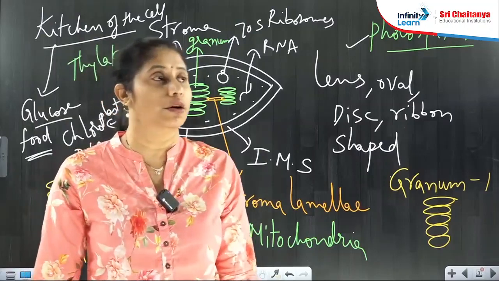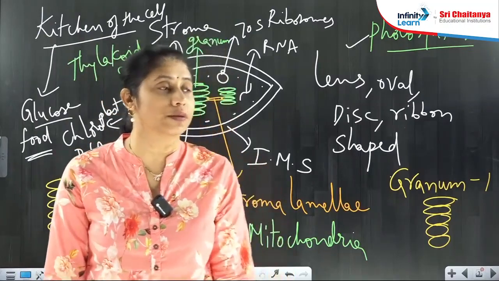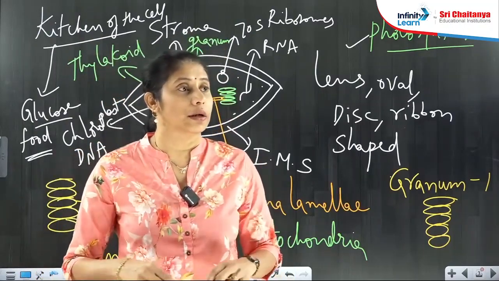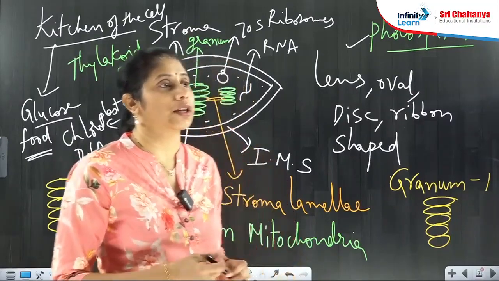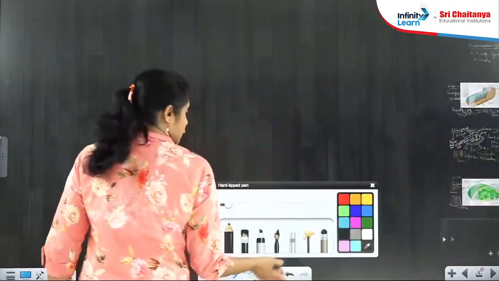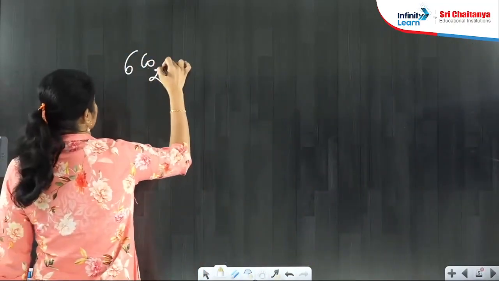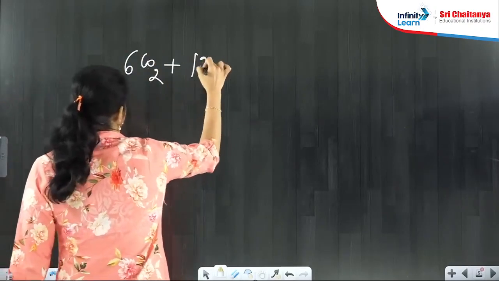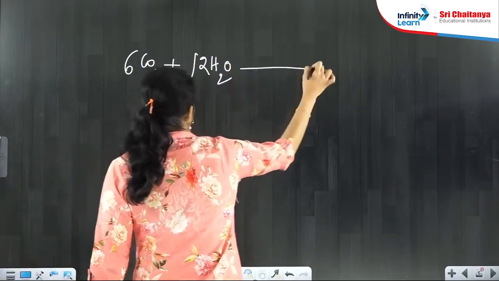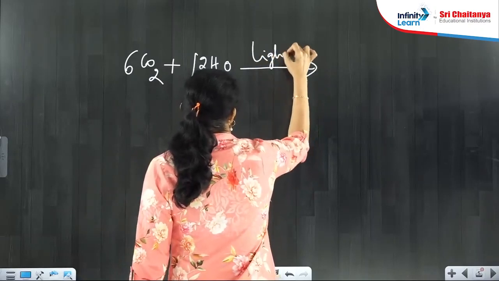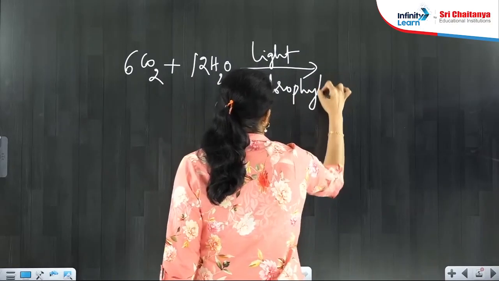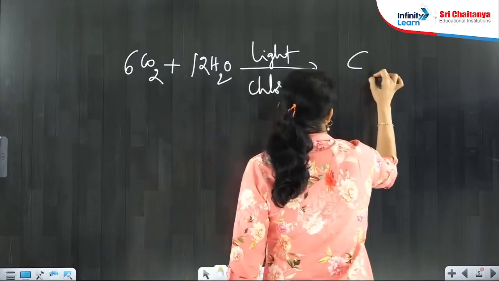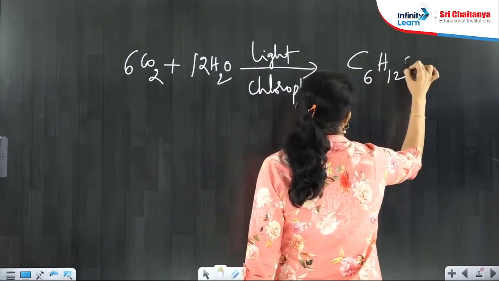Did you learn the equation of 6CO2 plus 12H2O gives rise, with light energy and chloroplast, to glucose and oxygen? The photosynthesis reaction will be like this. 6CO2 plus 12H2O gives rise, with light energy and chlorophyll pigments which are present on the thylakoid membranes, to glucose, C6H12O6.